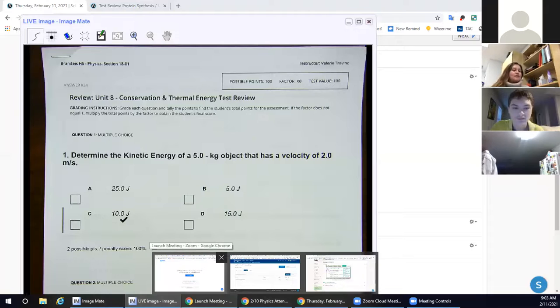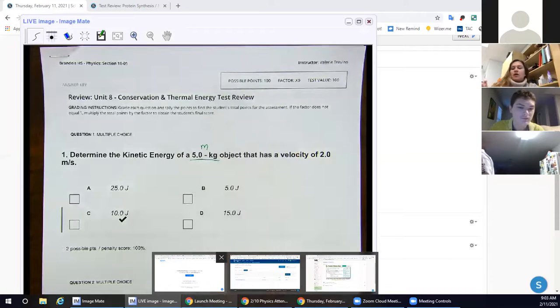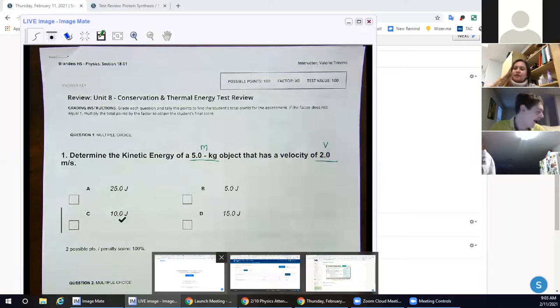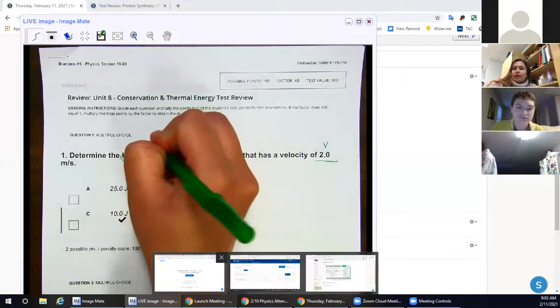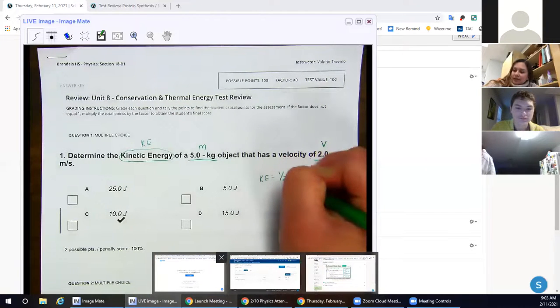Number 1 says determine the kinetic energy of a 5 kilogram object, so that's our mass, that has a velocity of 2 meters per second, so that's our velocity. And we want to know the kinetic energy. For this one, kinetic energy is equal to 1/2 mv squared.